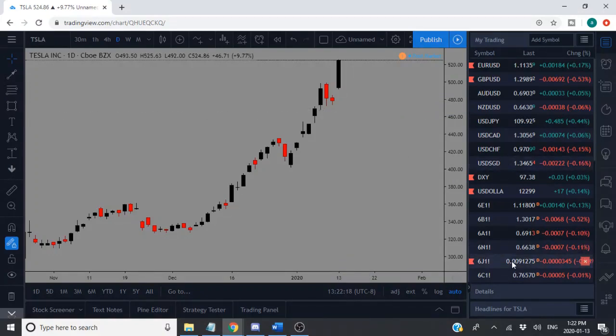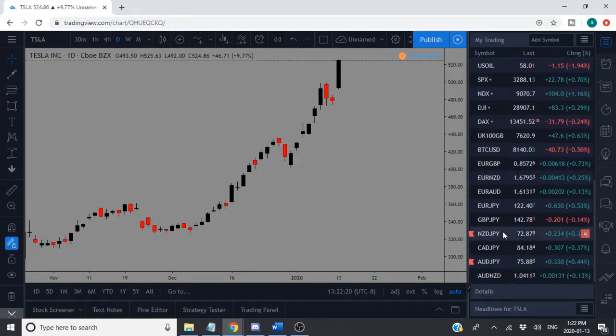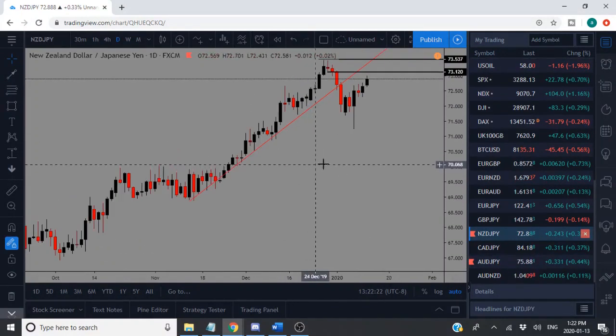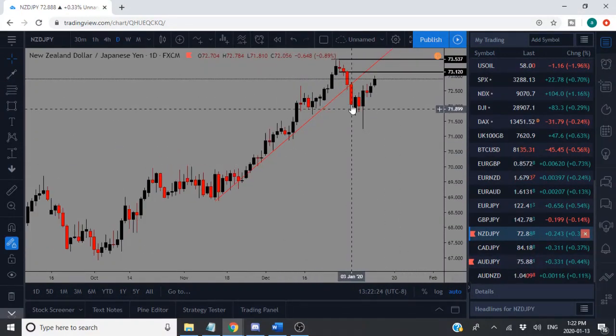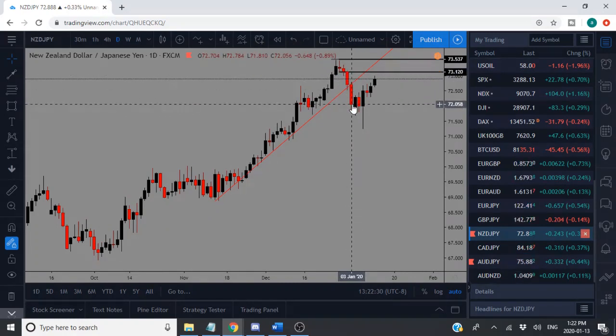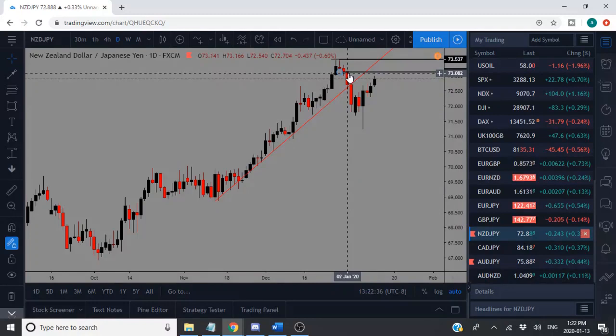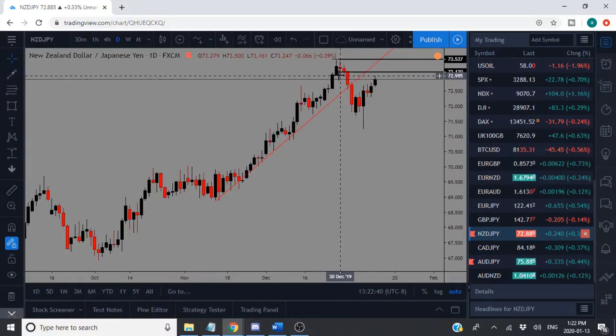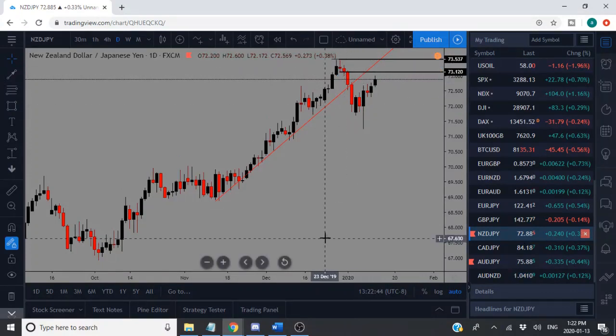So if we assume that there is a big imbalance, let's go back to our New Zealand yen, and we see a strong imbalance like this. Price is moving down strongly. We can assume, hey, this is a market with $5 trillion a day circulated, so clearly they can't just go to the market, push sell and sell all their orders because they're going to crash the market.